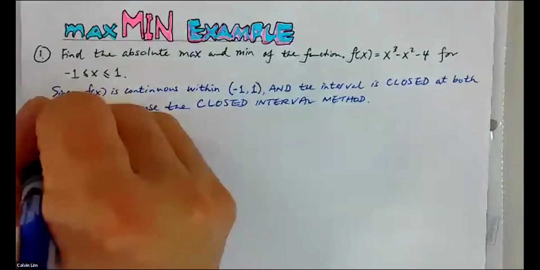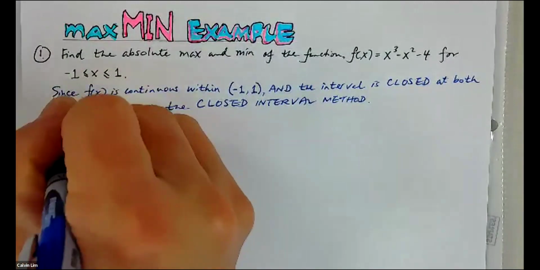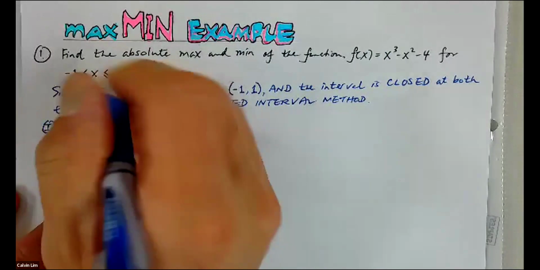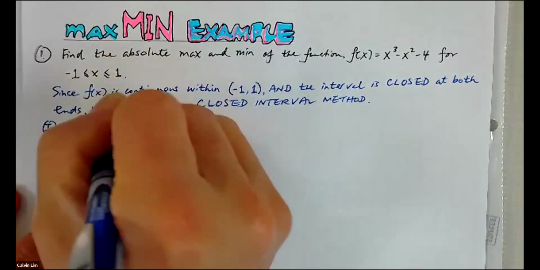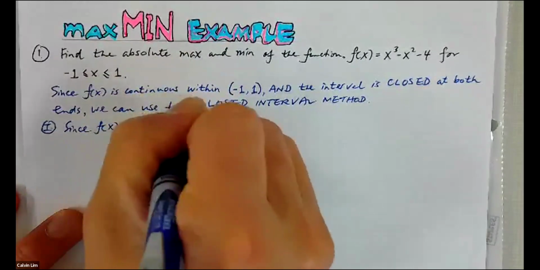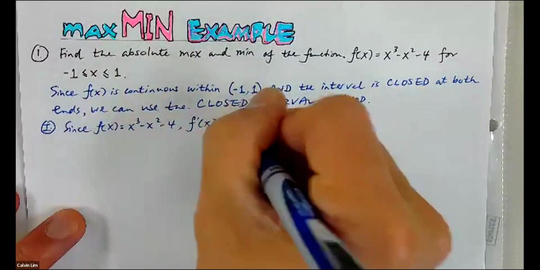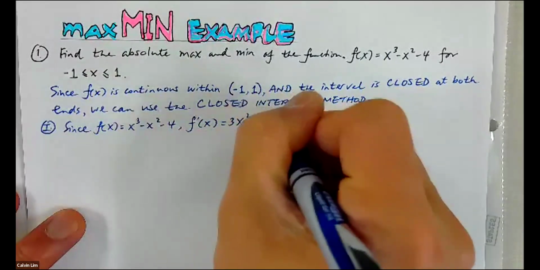Okay, step 1 of the closed interval method. Find the derivative. You always need the derivative. Since f of x is x cubed minus x squared minus 4, f prime of x is 3x squared minus 2x.